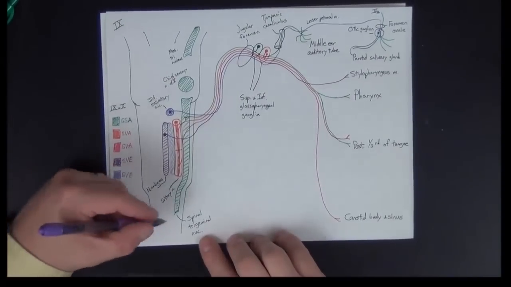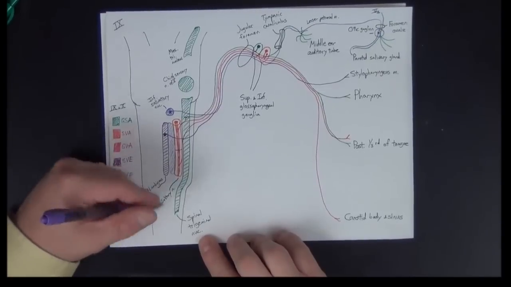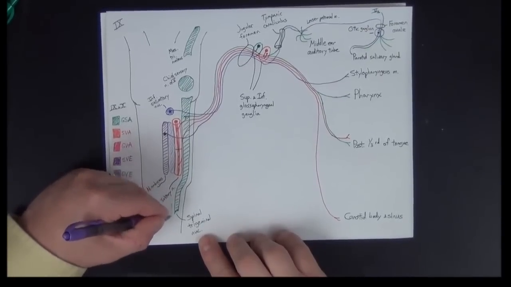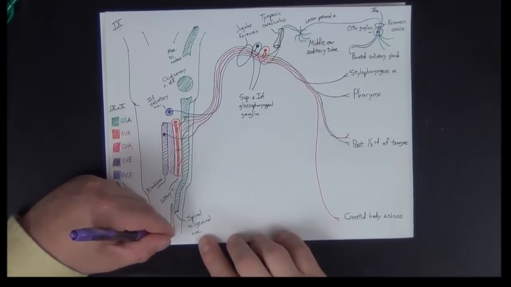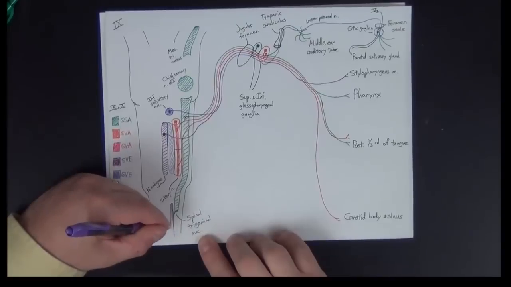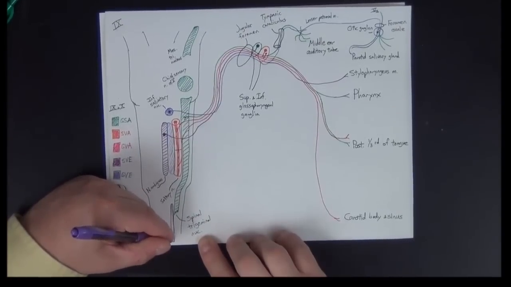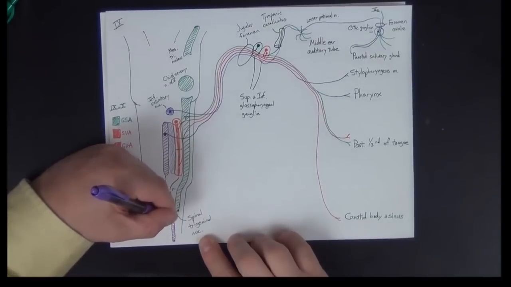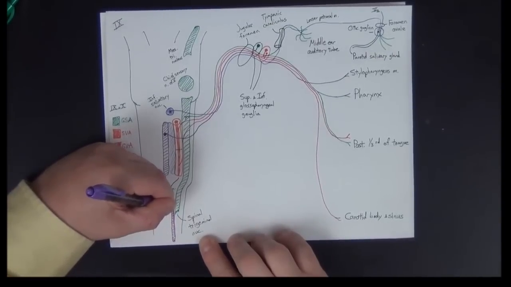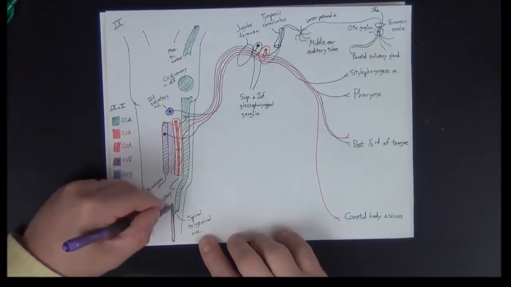Cranial nerve 11 is odd in that it actually exists in the cervical spinal cord, and its nuclei, or where those motor cells are located, are in the region between the dorsal and ventral horns of the spinal cord, more towards the ventral side because that's where motor activity is.